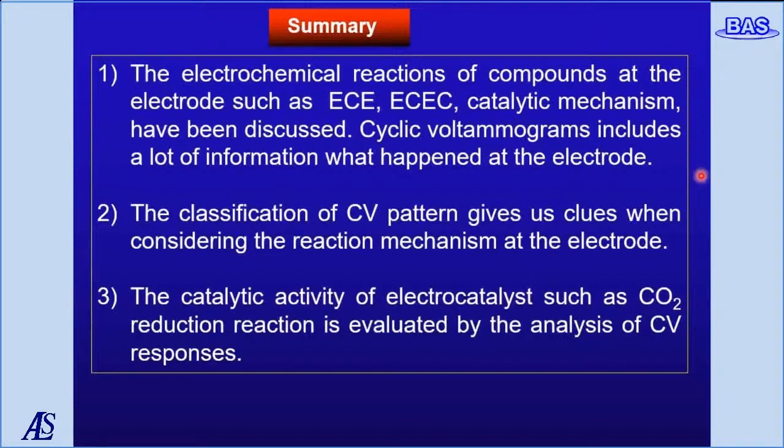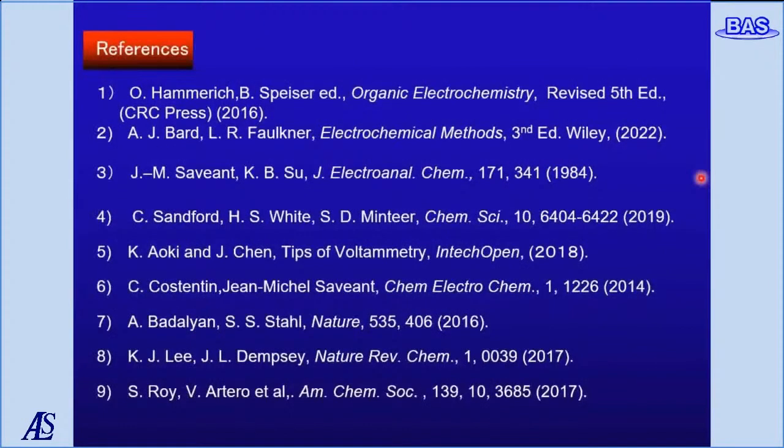The catalytic activity of electrocatalysts for CO2 reduction, etc., is evaluated by the analysis of CV response. Here's a reference. If you want more detailed information, you can read the original papers.